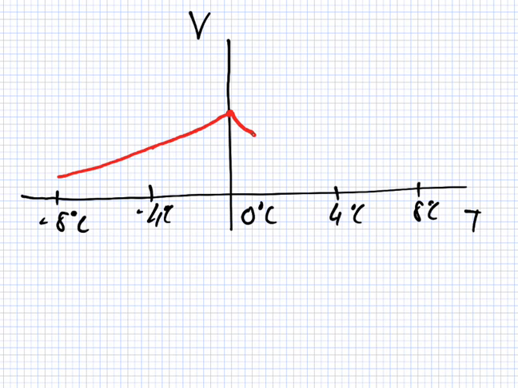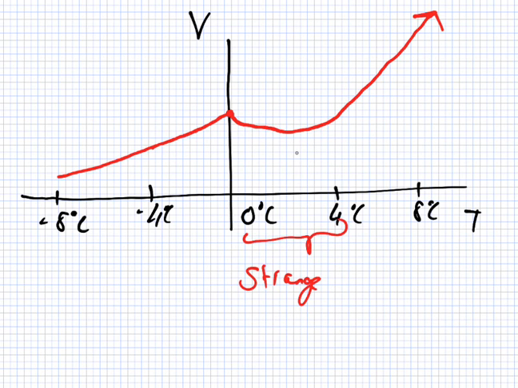Yes, decreases between 0 and 4. And then it increases again from 4. Is it like the anomalous expansion of water? Yes, or the weirdness of water, if you want. I'm drawing that not so great, but from here to here, this is when it's really strange, that the water, instead of continuing to increase, gets smaller.